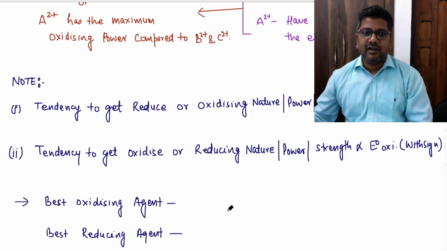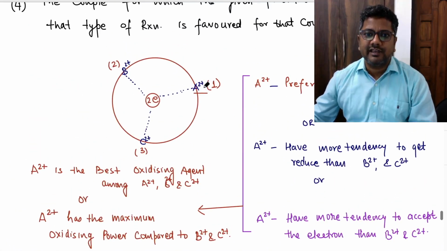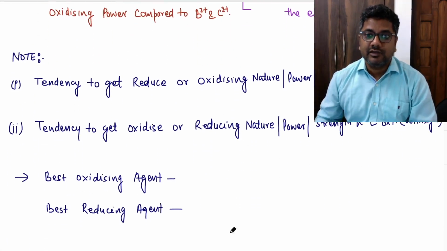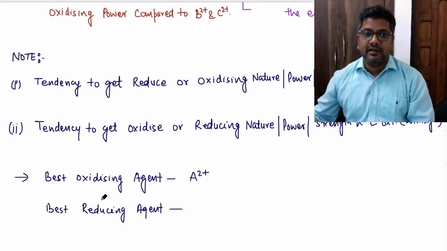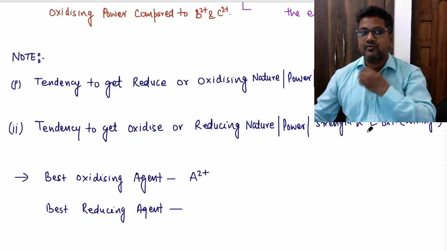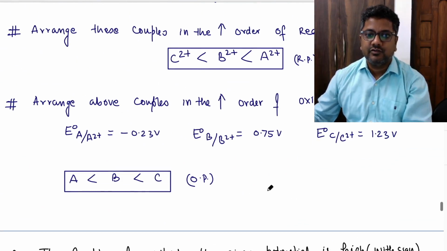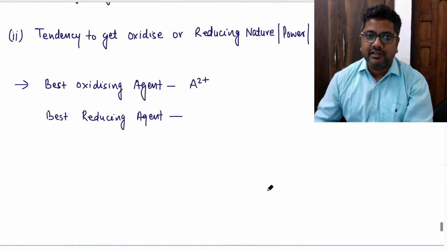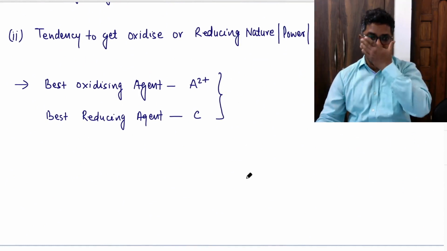Now see, for the best oxidizing agent, you have to see E naught reduction. For which is E naught reduction maximum? For A2 plus it is maximum. So the best oxidizing agent is A2 plus. And the best reducing agent, reducing nature or reducing strength, is directly proportional to E naught oxidation. So E naught oxidation is highest for C. So C is the best reducing agent. In this way you can answer such type of question, right?